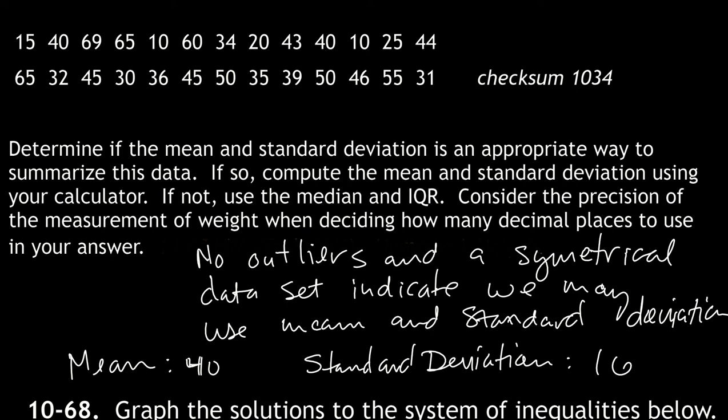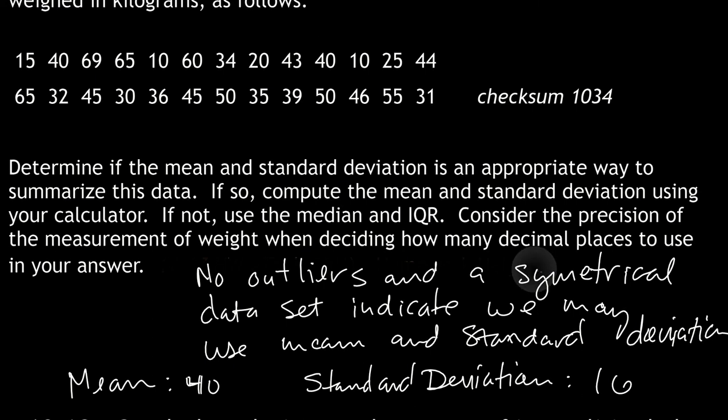No, that's not incorrect. I wouldn't want to say that, but the standard deviation is 16. And if you were within 2 standard deviations of that mean, pretty much all of your data is going to be living in that spot. So let's go ahead and wrap this up. We'll say that's the end of this question.